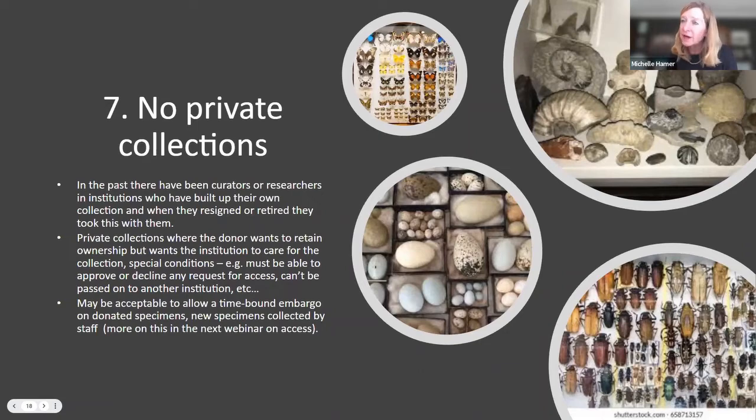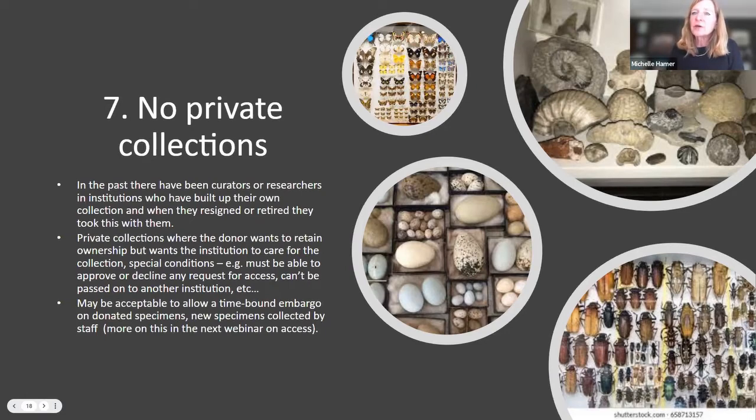And when they've retired or resigned, they've taken that collection with them. And that's because it wasn't in their conditions of service or in their code of conduct, or they didn't sign anything, and the institution had no legal standing against them. That's why it is important for institutions to think about that.